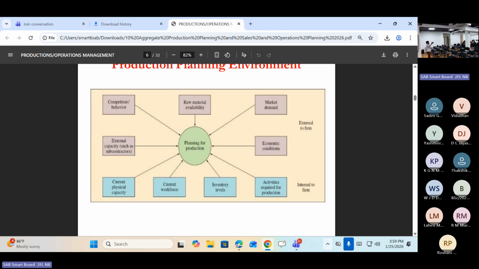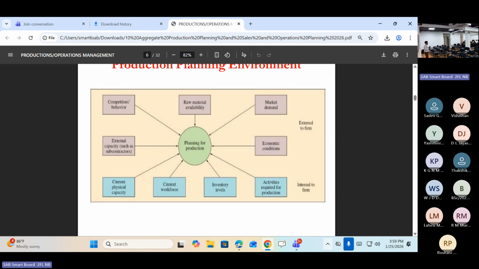They forecast the market demand for the next 6, 9 or 12 months. Based on that demand forecast, plus other factors, they decide what quantities are required for each month, each quarter, what we are going to produce.